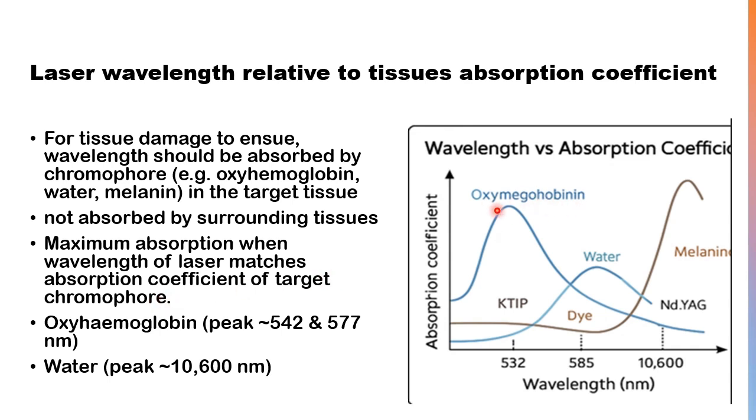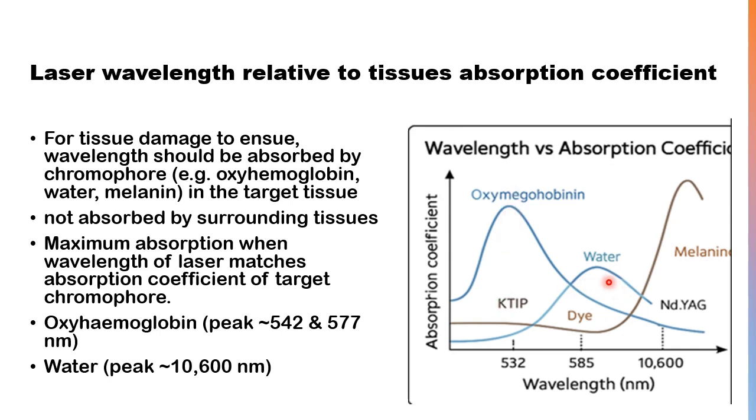For example, oxyhemoglobin has a peak absorption coefficient between 542 and 577 nanometers, and when it is hit by a wavelength of laser such as KTP, which also peaks in this area, preferential absorption by hemoglobin occurs.